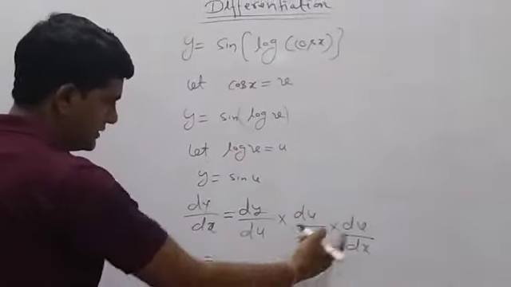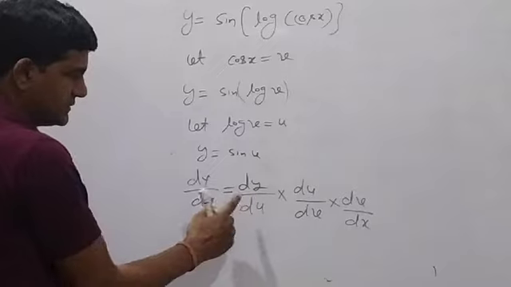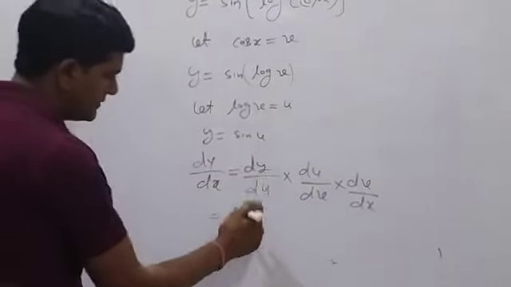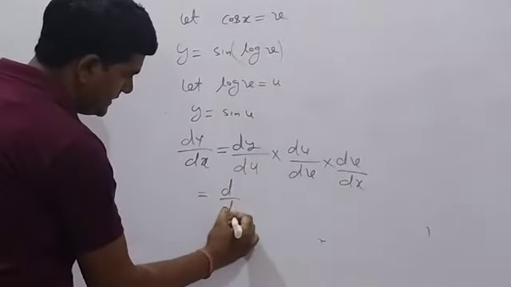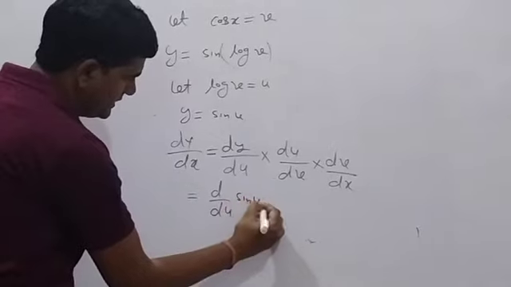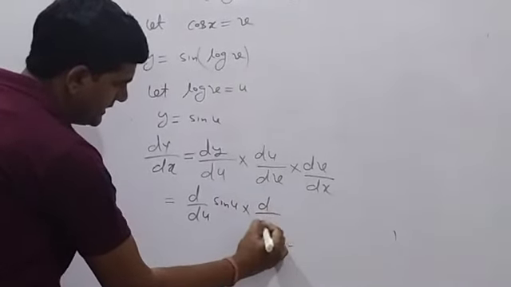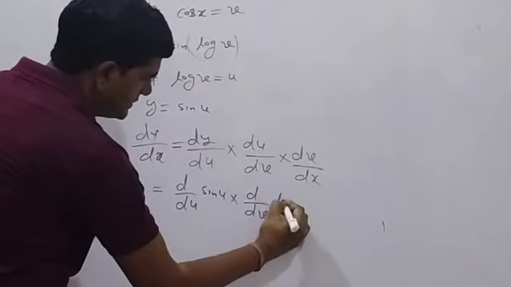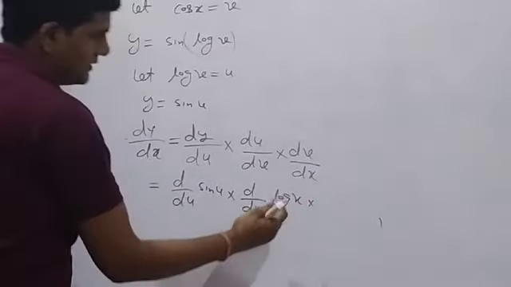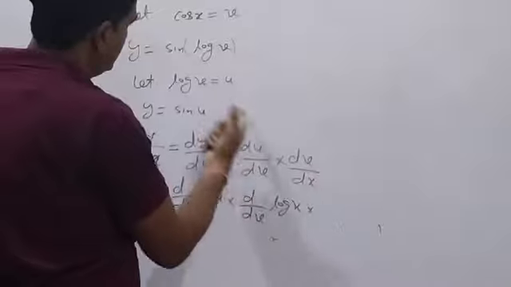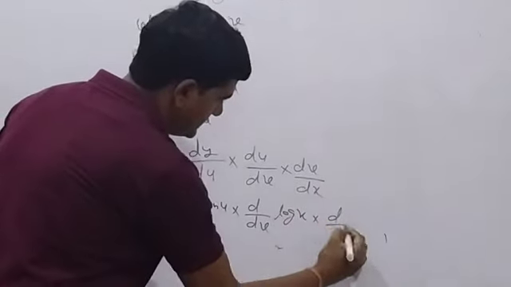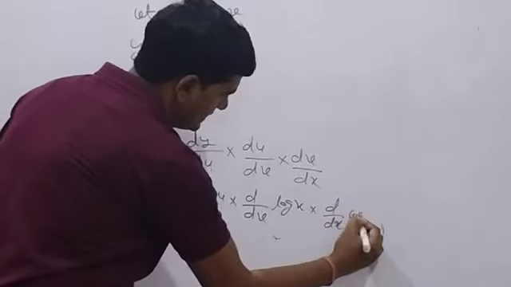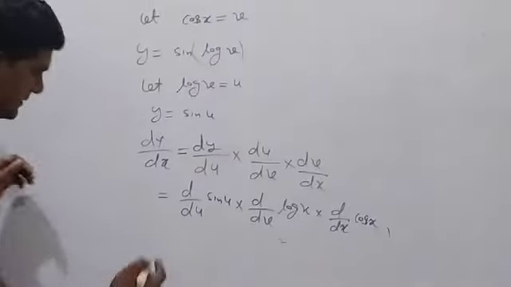Now what is the value of y in terms of u? y is sin u. Then d by du of sin u into d by dv of u, where u is equal to log of v, and v means cos x, d by dx of cos x. Now we can put in the formula.